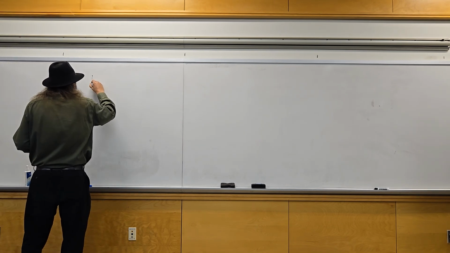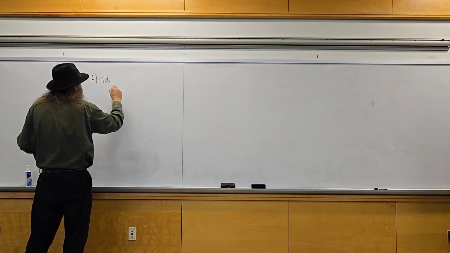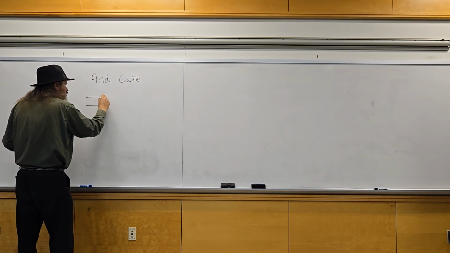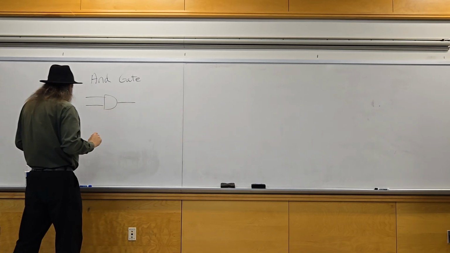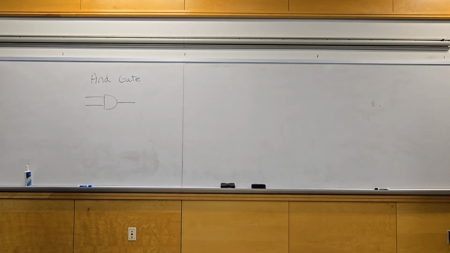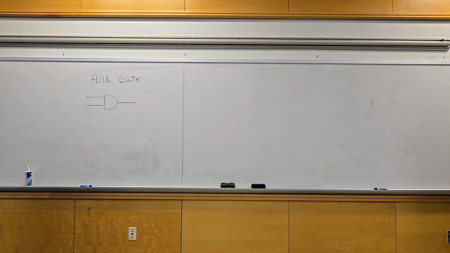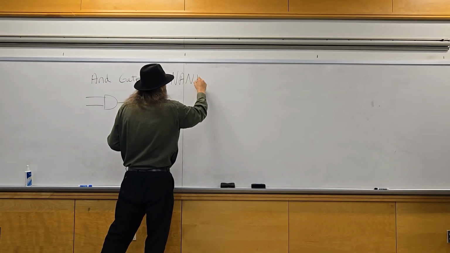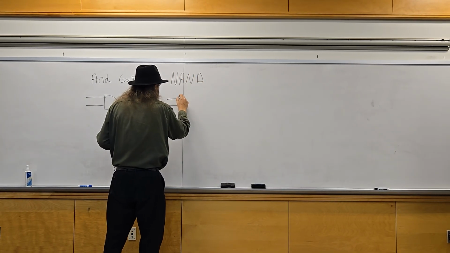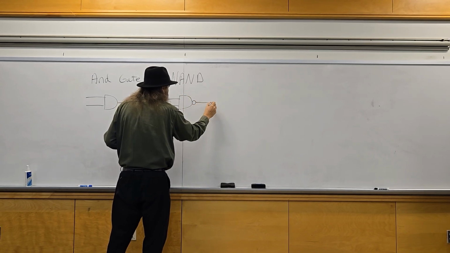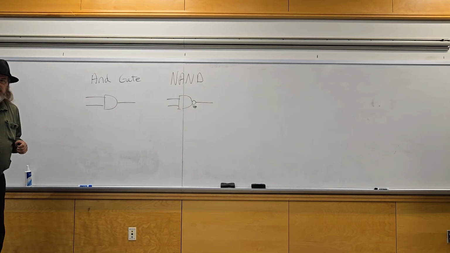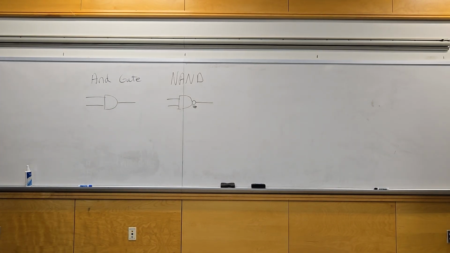So the first two questions were drawing symbols and state tables. The AND gate is that symbol there, as opposed to the NAND gate, which has the bubble on the output. That bubble means that the output is inverted.